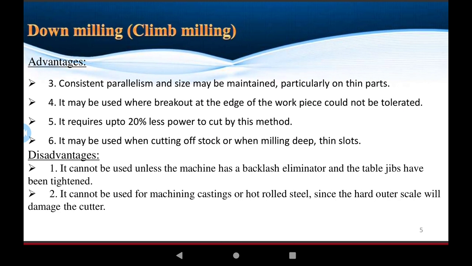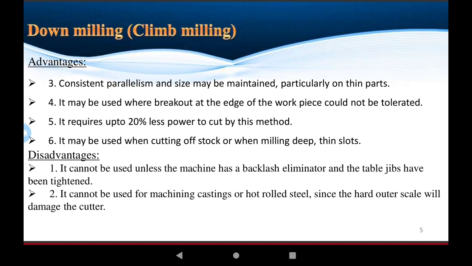The down milling, climb milling advantages continue. Point three: constant parallelism and size may be mentioned for this part, for both workpiece and table.